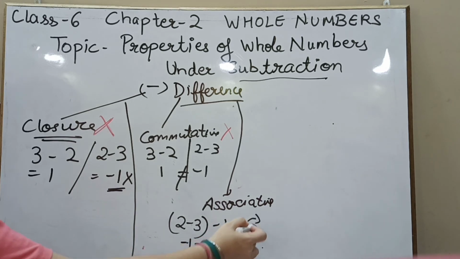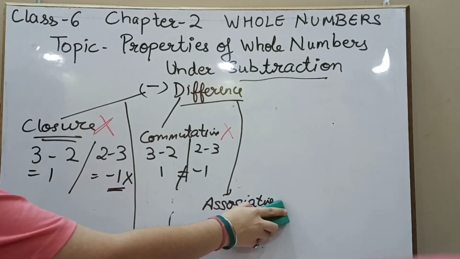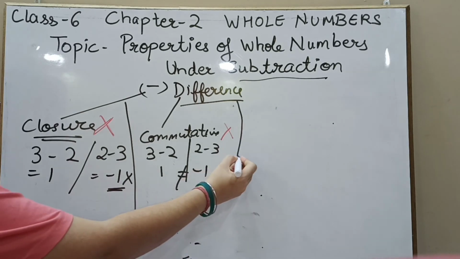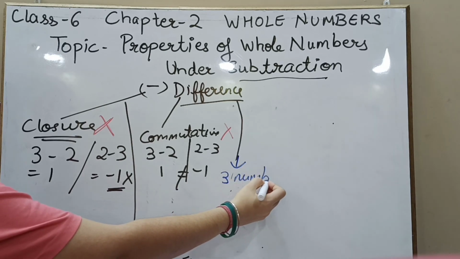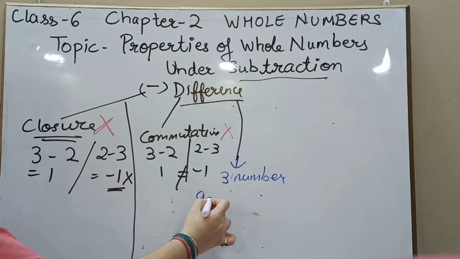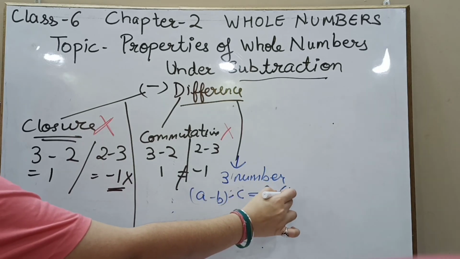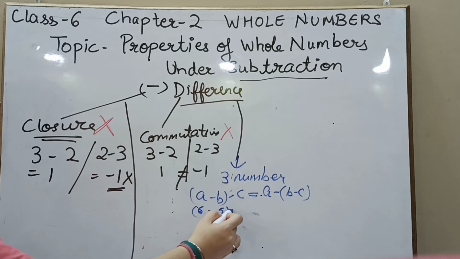When I talk about associative property, it is basically the property that deals with 3 numbers. If I am doing this, (a minus b) minus c should be equal to a minus (b minus c). I am just changing the grouping. अगर मैंने बोला 6 minus 5 minus 1. 6 minus 5 कितना होता है? 1. 1 minus 1 कितना होगा? 0.